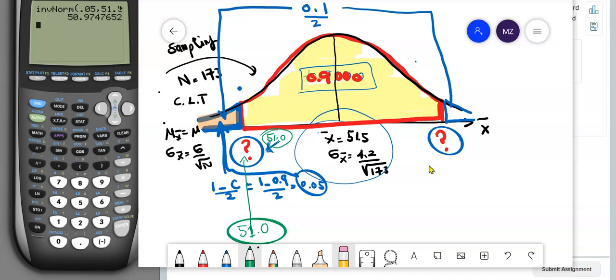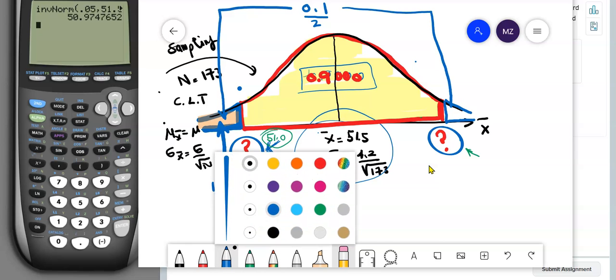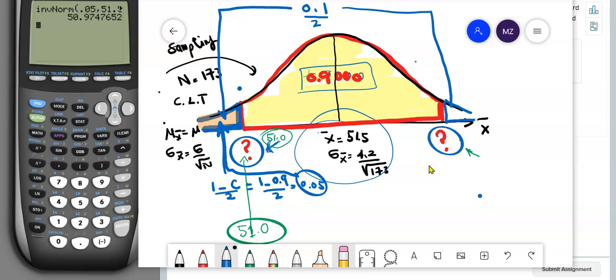Now I need to feed the calculator the left tail area. I'm working in here right now. So in order to get this, I need to feed the calculator the total area on the left side. This is going to be my left area.